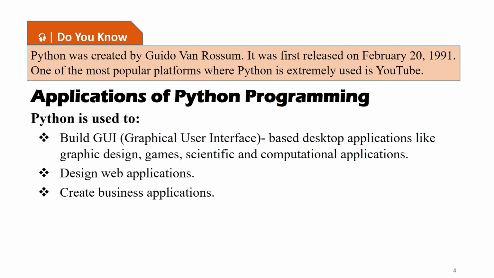Now, applications of Python programming. Applications means where this Python language is used. Like you have seen just now, it was used to design YouTube. Where else is it applied?